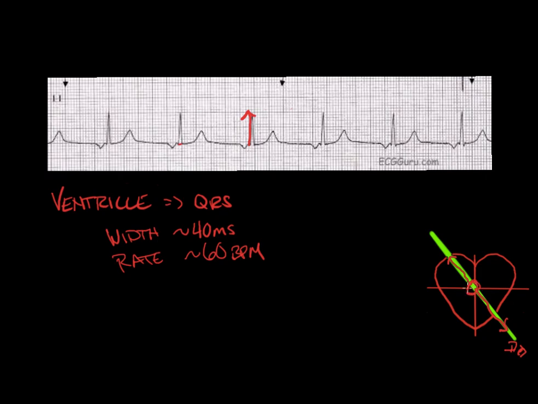And there's only really one spot in here where that can come from, and that would be the AV junction. So this would be a junctional rhythm.